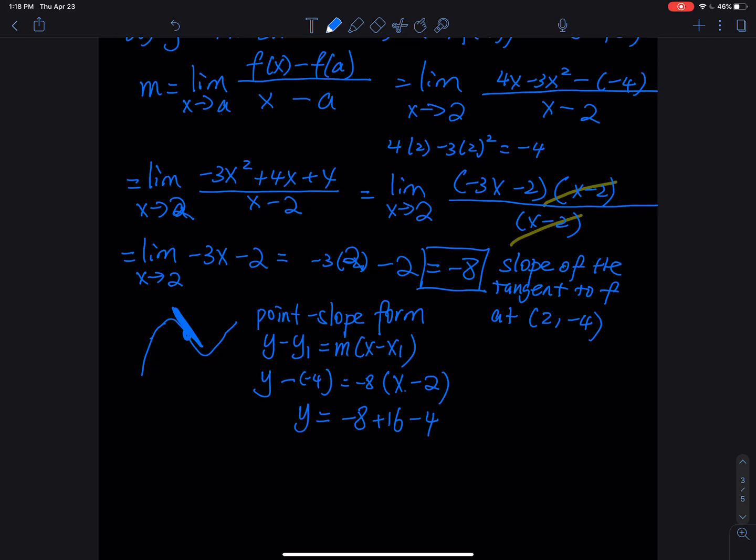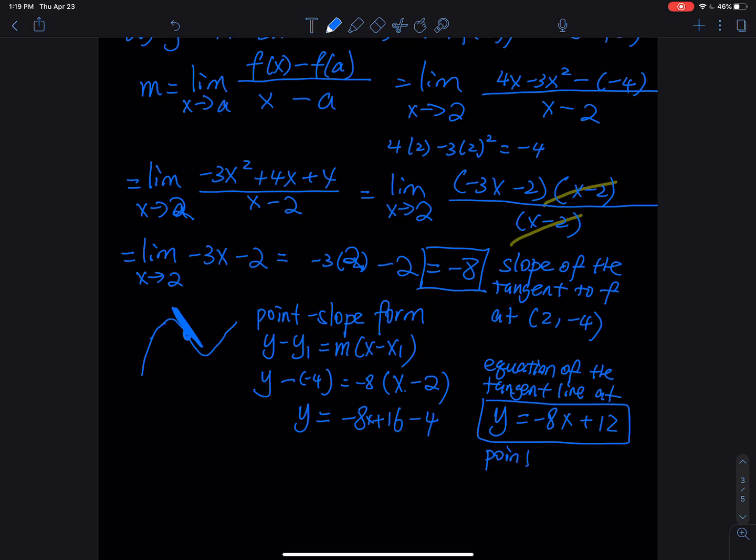So the equation of the tangent line is y equals negative 8x plus 12. This is the equation of the tangent line at the point (2, negative 4). So this is the equation of this straight line at this point.